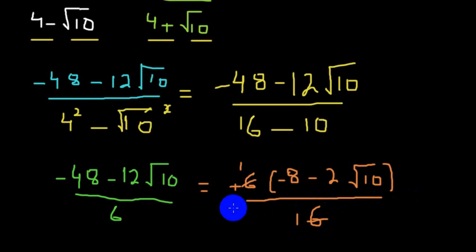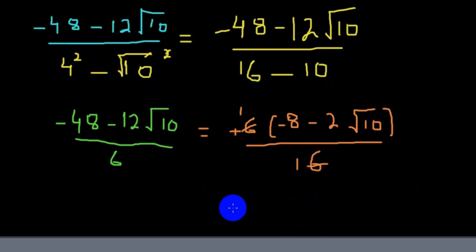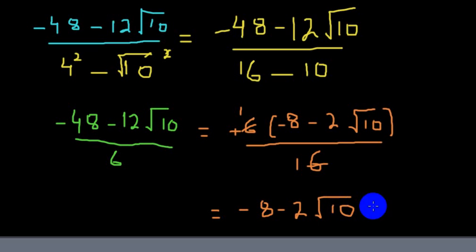So we are just left with negative 8, negative 2 into square root of 10, and this is our final answer. That's how you rationalize the denominator. That's all. Thank you.